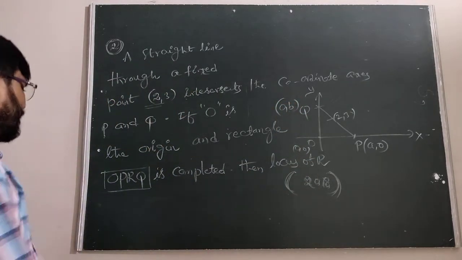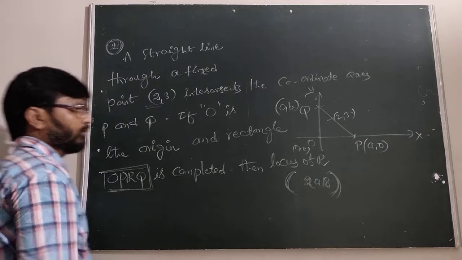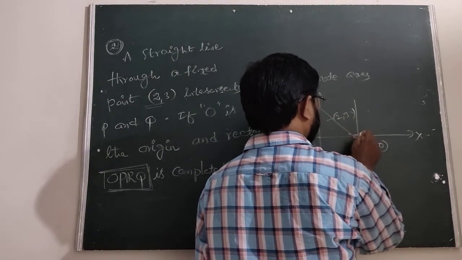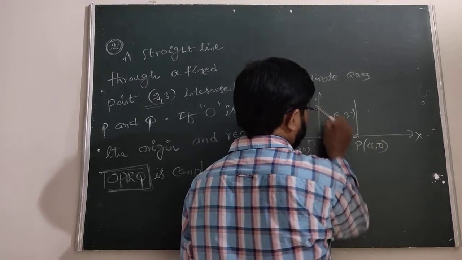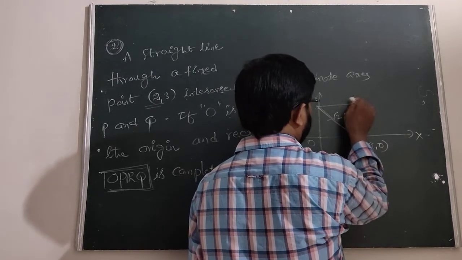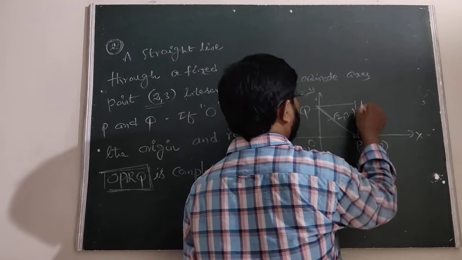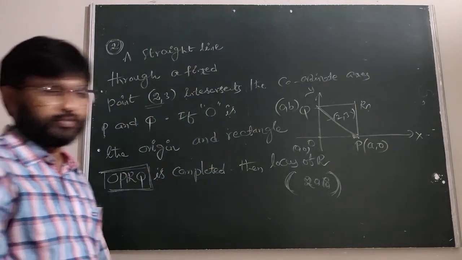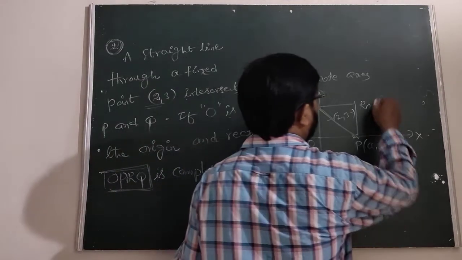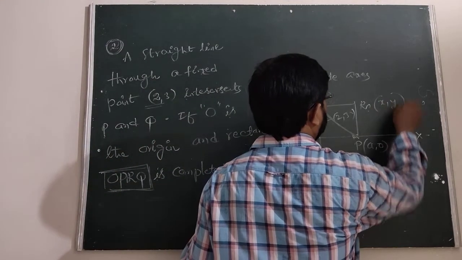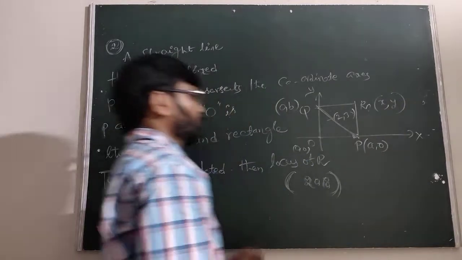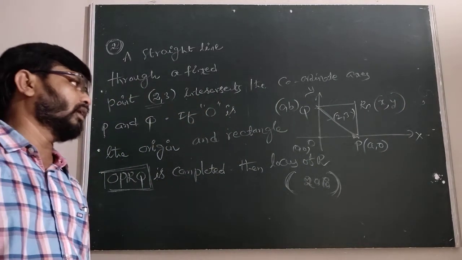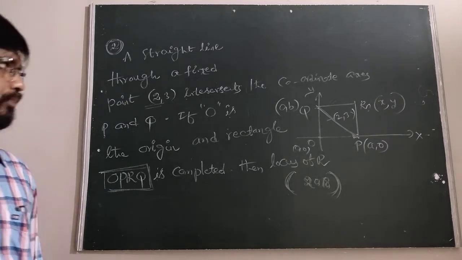The rectangle OPRQ is completed. Then for the locus of R, we take R as (x, y).